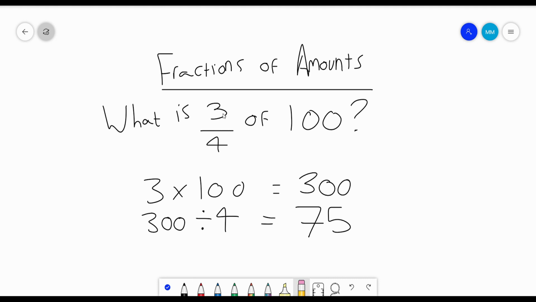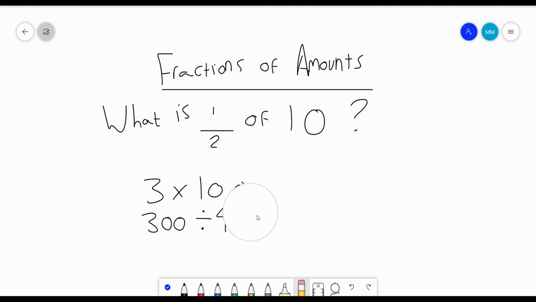In fact, if we go back to the simple question for a moment, and your answer there, that is your answer. The 75, that is. If we go back to the simple question, and we went back to what is half of 10, the rules are still the same.